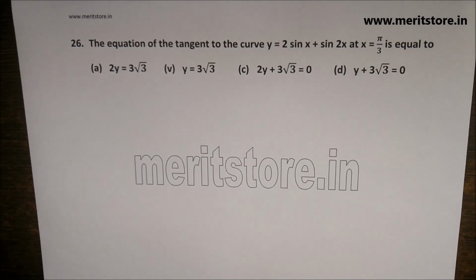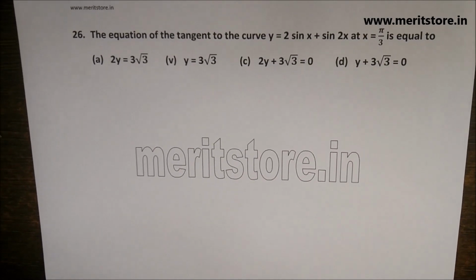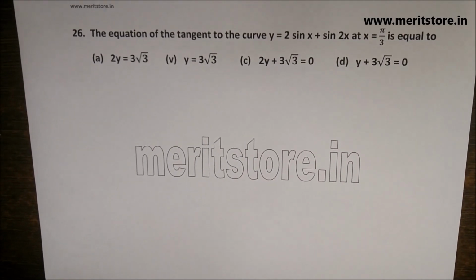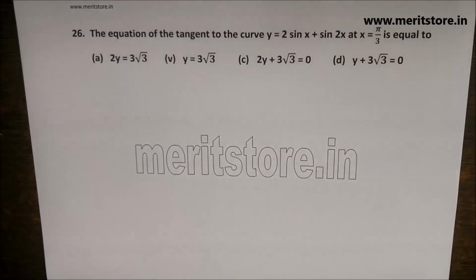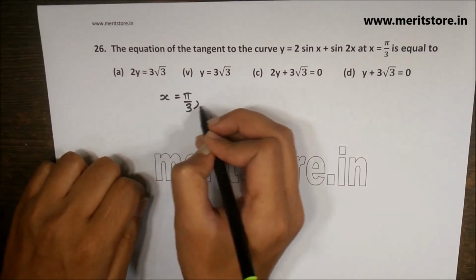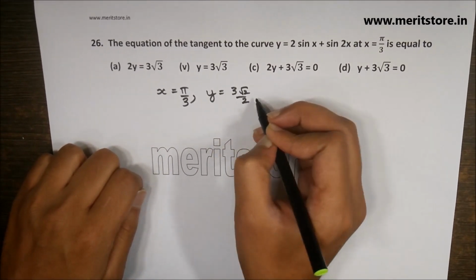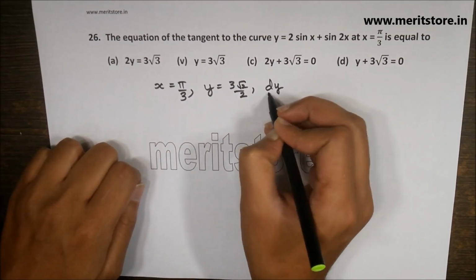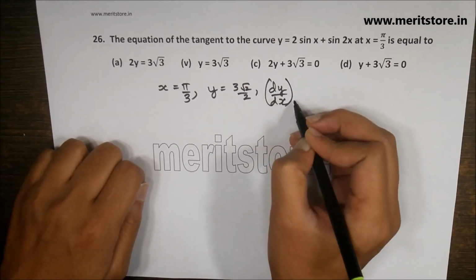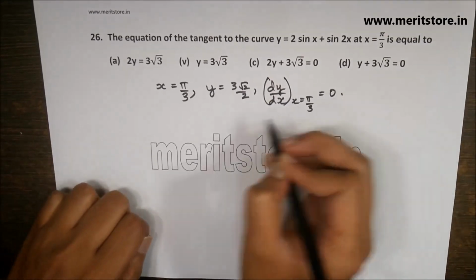Question number 26. The equation of the tangent to the curve y equal to 2 sin x plus sin 2x at x equal to pi by 3 is equal to, if x equal to pi by 3, then y is equal to 3 root 3 upon 2. dy by dx at x equal to pi by 3 is equal to 0.